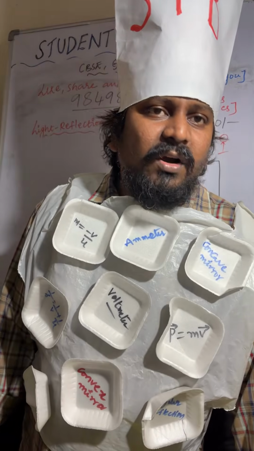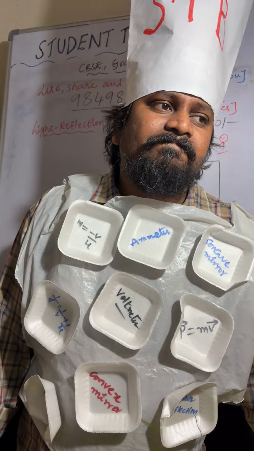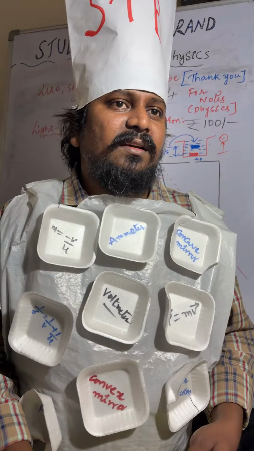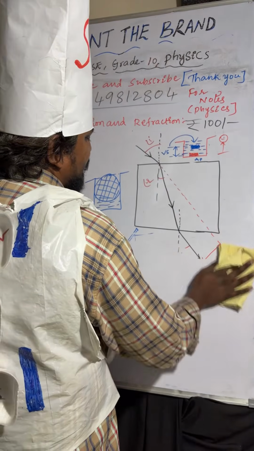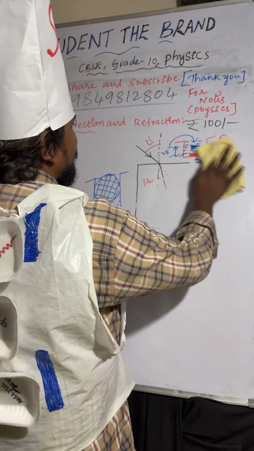Now we will discuss lenses. There are two types of lenses: convex lens and concave lens.